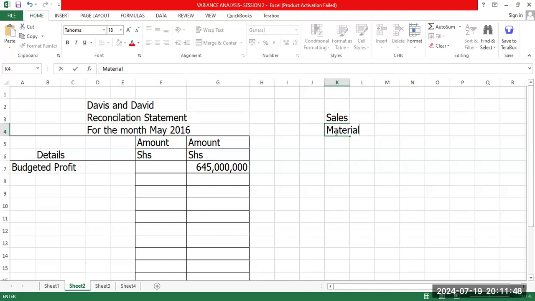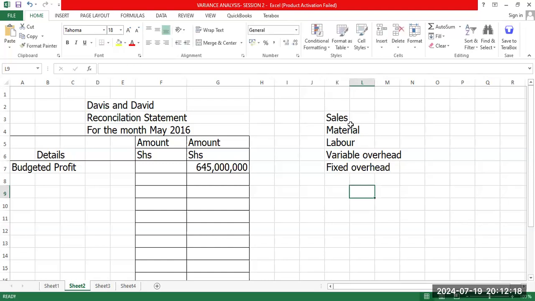Those are the areas where you can get variance: sales, material, labor, variable overhead, then fixed overheads. So you will go to your data and observe whether you are given information on all of this.